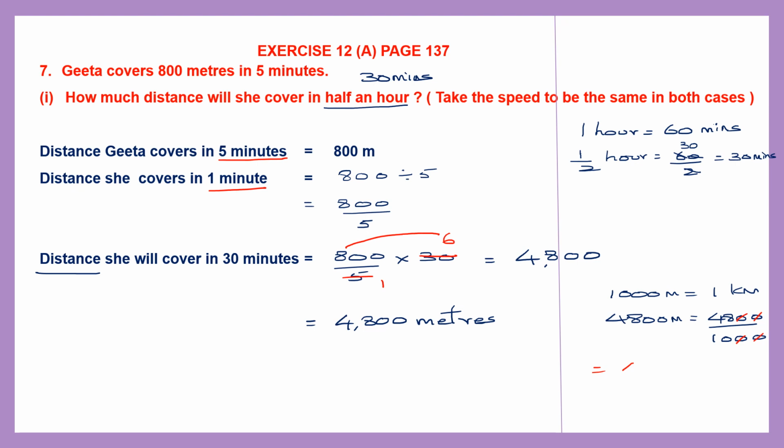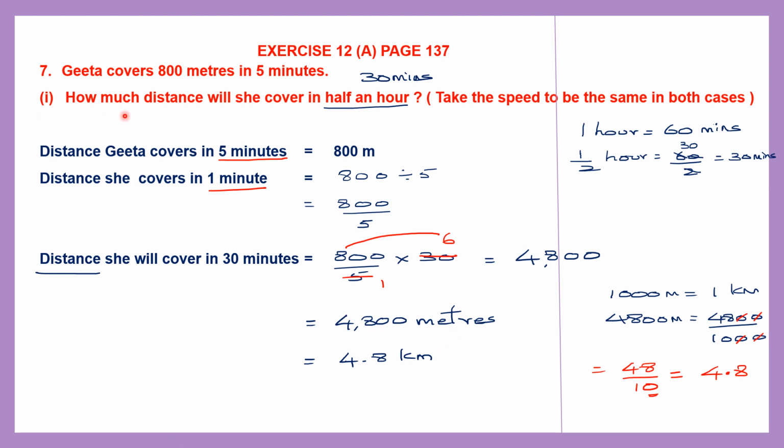So now it becomes 48 by 10. And when you divide a number by 10, remember there's 1 zero, so the point moves one place to the left. So it becomes 4.8. So this is 4,800 meters or 4.8 kilometers. So your answer can be in meters or it can be in kilometers.